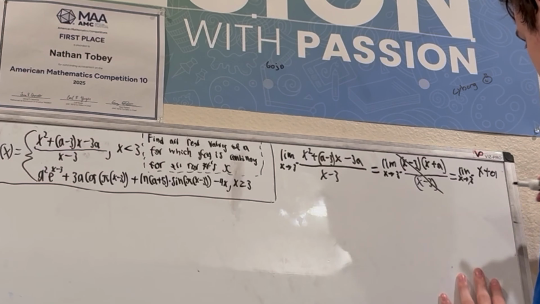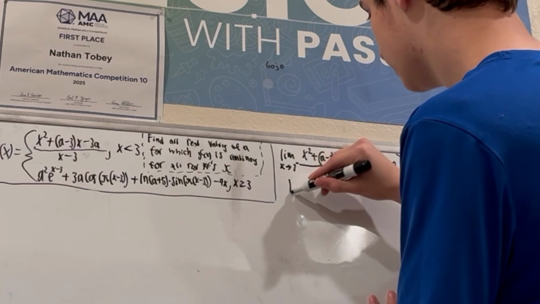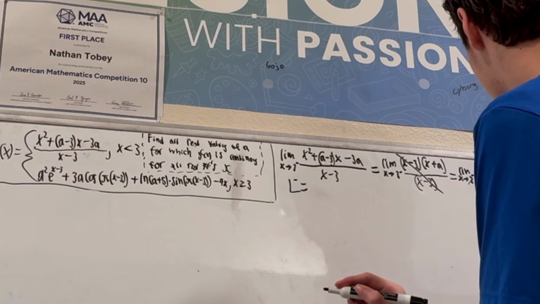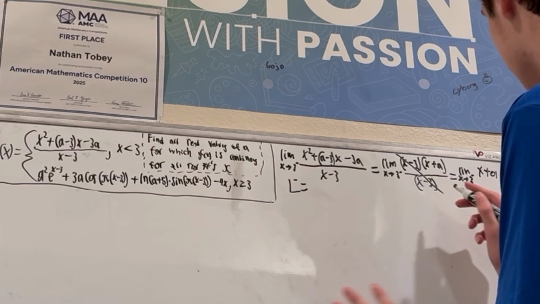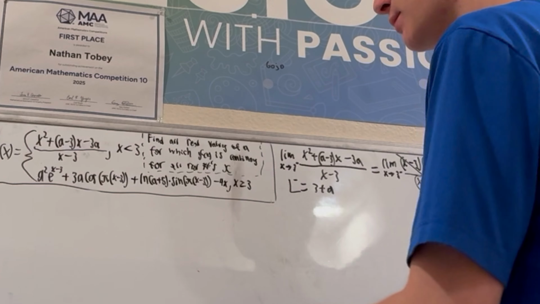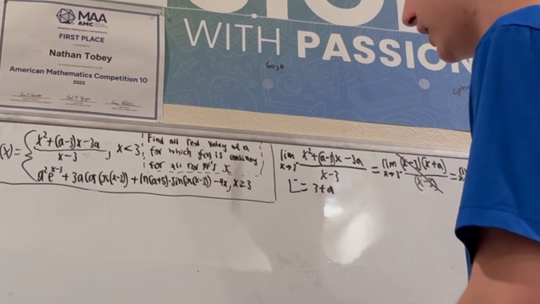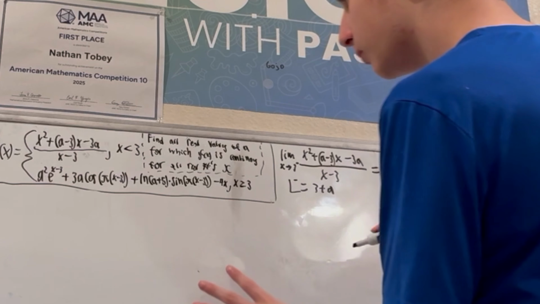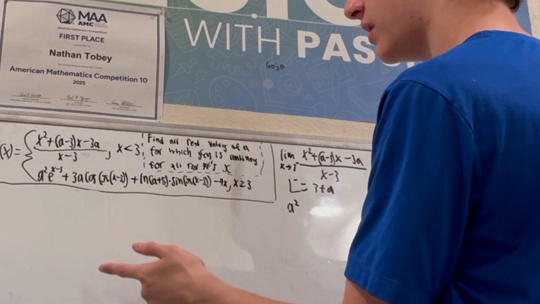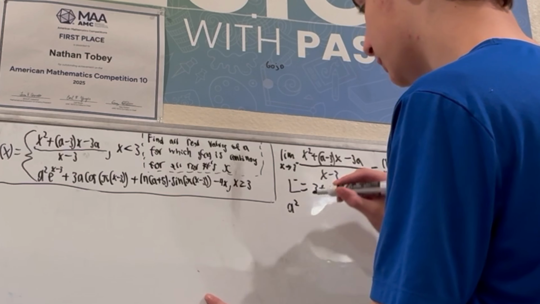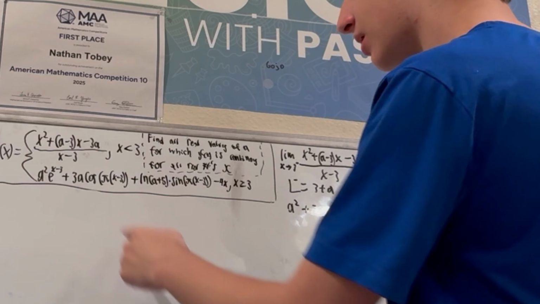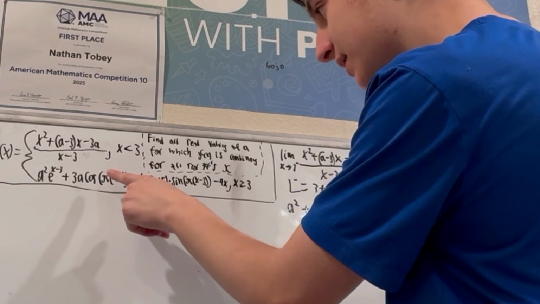So we can plug in 3, and we get that this limit, and we'll put a negative here just so we know which one we're talking about, is equal to 3 plus a. And on the bottom, we can simply plug in 3. So we have a squared times e to the x minus 3, which is e to the 0, so that's times 1, plus 3 times a, plus the cosine of pi times x minus 3.